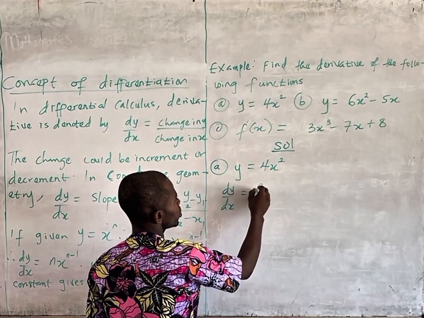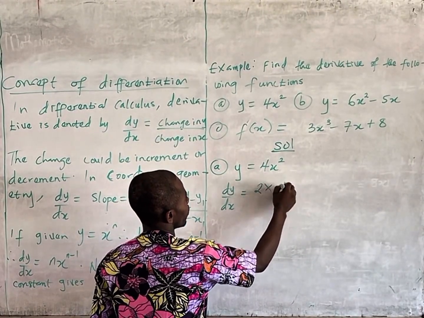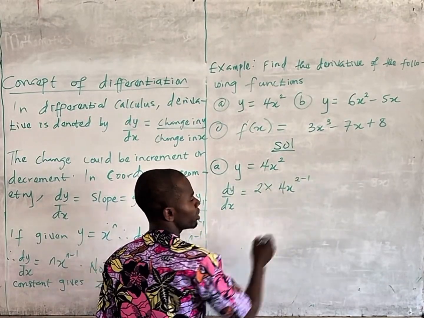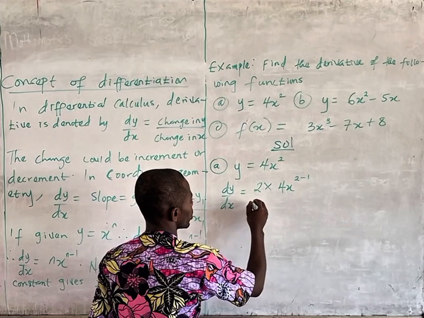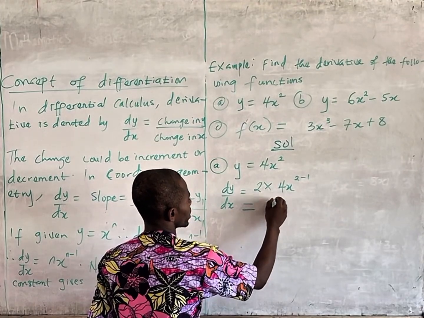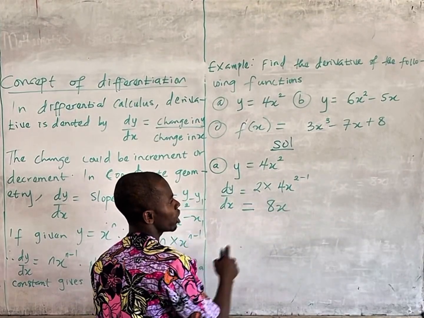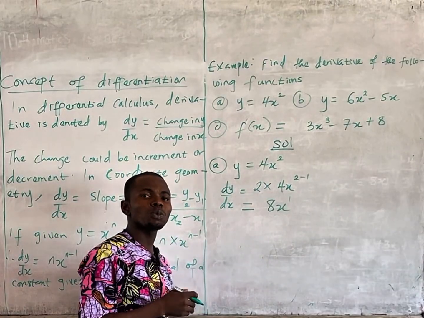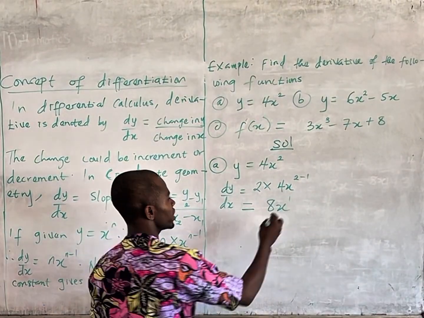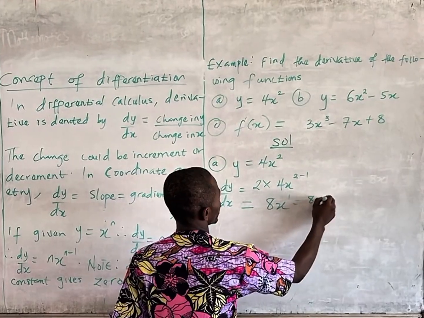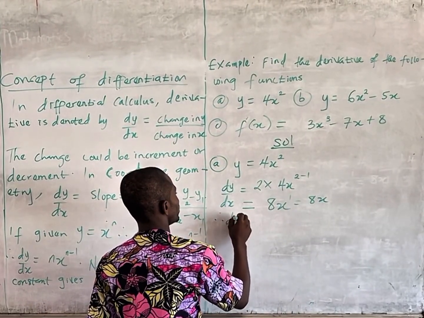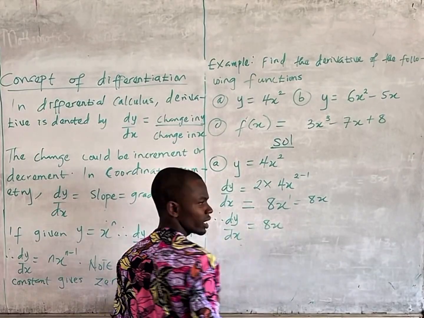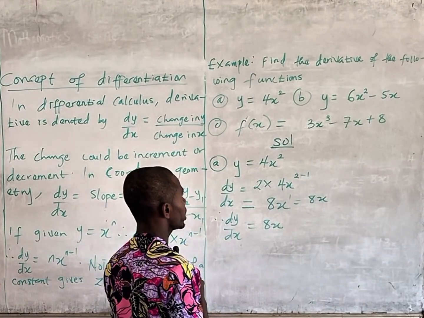That is 2 times 4x raised to the power of 2, then you remove 1 from the power. That is 8x raised to the power of 2 minus 1, which is 1. But x raised to the power 1 is still x. So dy over dx is 8x. That is question A.